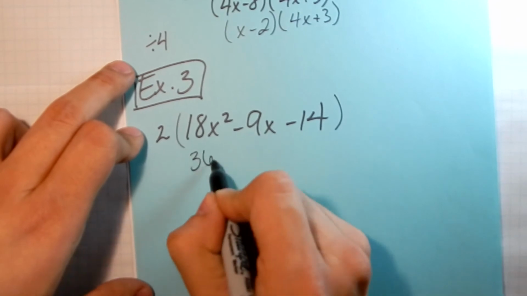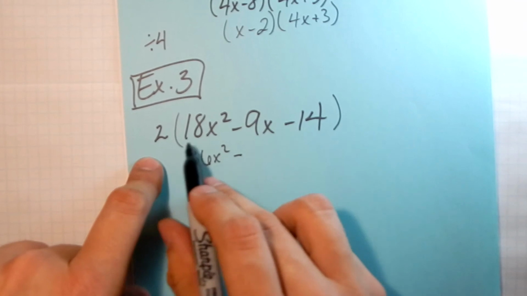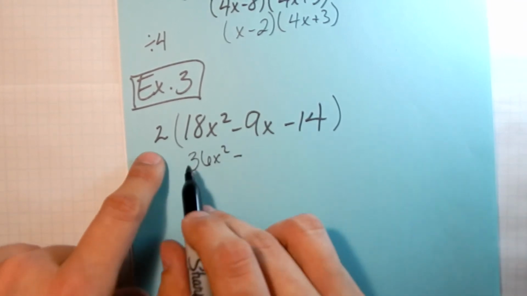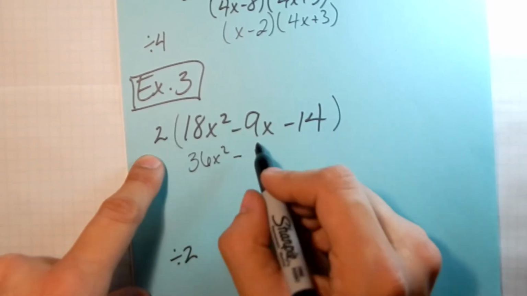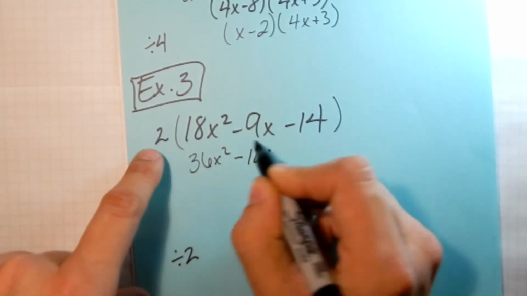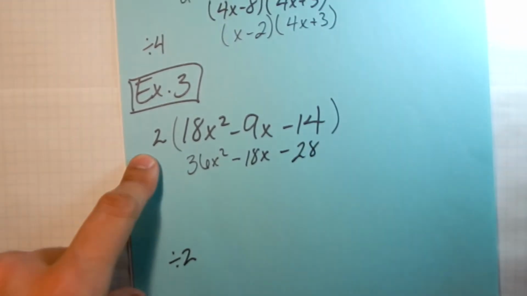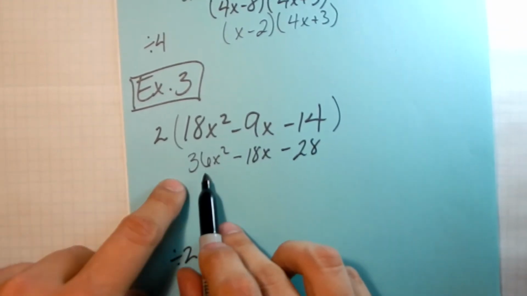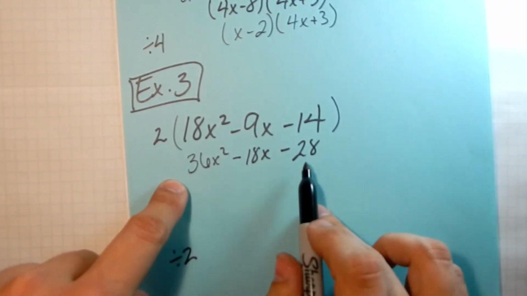We've got 36x squared minus, now if you're going to make a mistake, it's probably going to be in this step. So you have to be really careful when you're multiplying these out. So 2 times negative 9, that's negative 18x. And then we double 14, that's minus 28. Okay. So here we have 36x squared minus 18x minus 28.